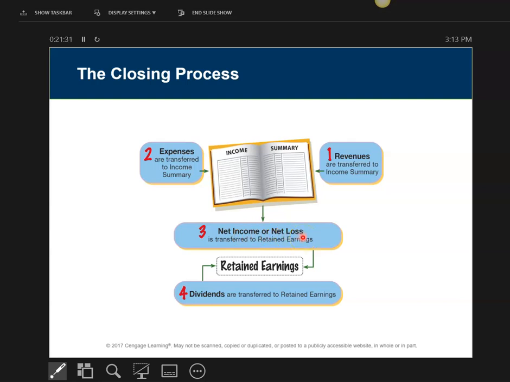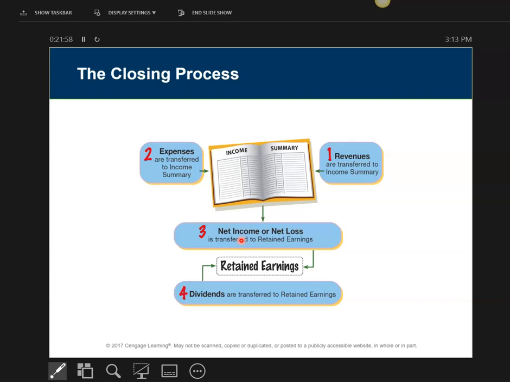So let's talk about net income. If you have a net income, you are going to debit income summary and credit retained earnings. Okay, net income, I'll say it again. Debit income summary, credit retained earnings.